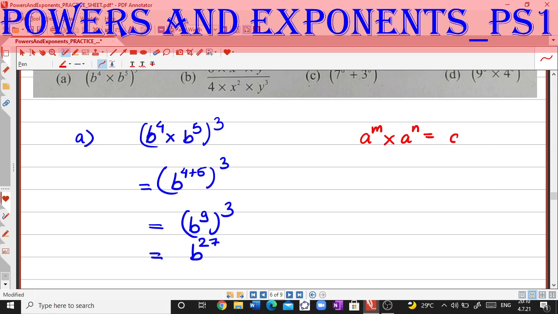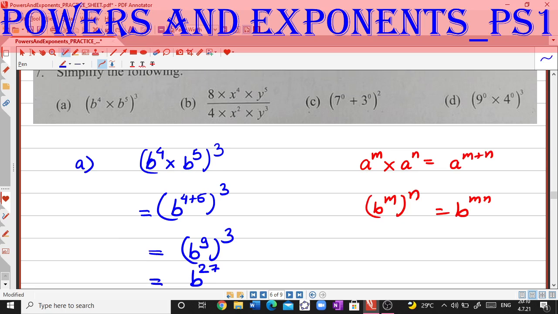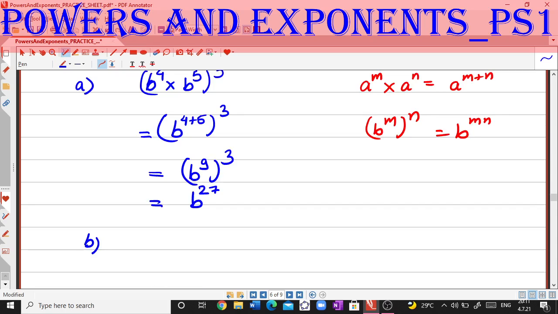Now the next one, B. This is 8 multiplied by x to the power 4 multiplied by y to the power 5, divided by 4 multiplied by x to the power 2 multiplied by y to the power 3.